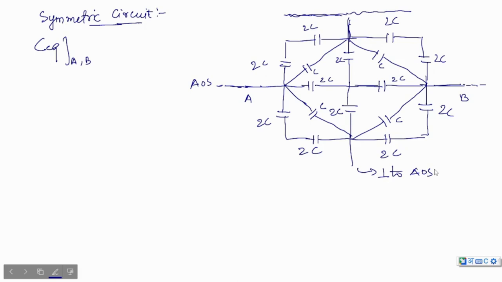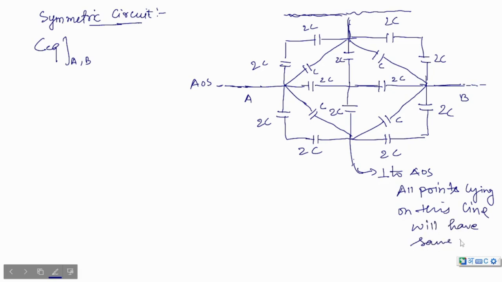The approach you need to apply here is that all points lying on the line, on this line, will have the same potential.